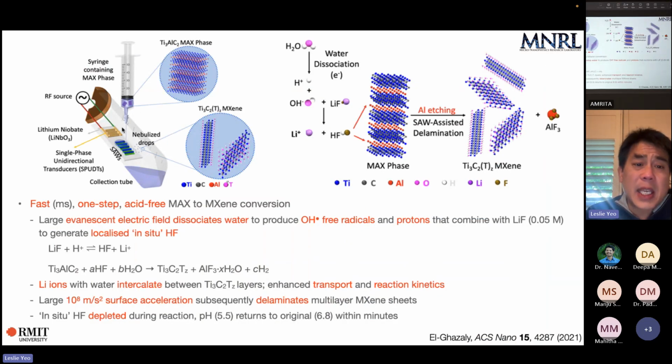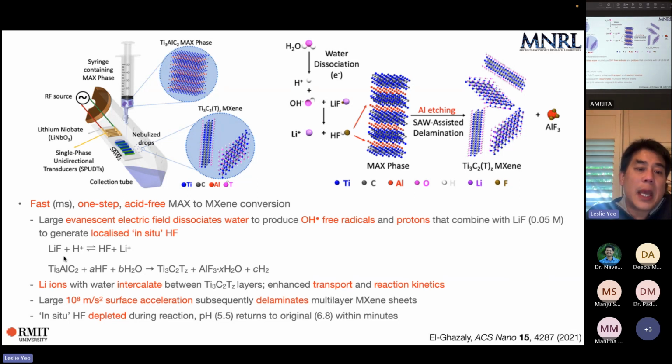But in this case, it's a slightly different mechanism. We think that because this is not a piezoelectric material, something else is driving the exfoliation, right? In this case, we think it's the free radicals that come into play, because we do not need HF. We just use lithium fluoride and not HF.